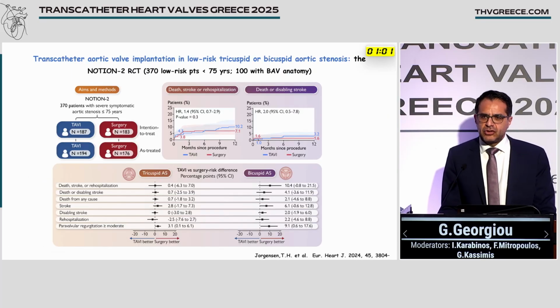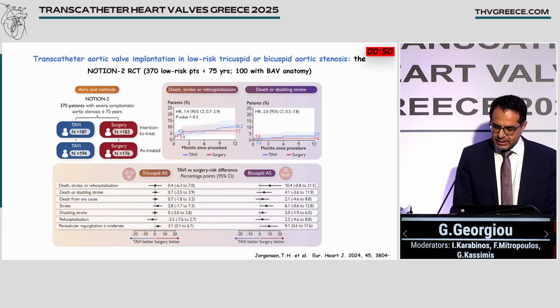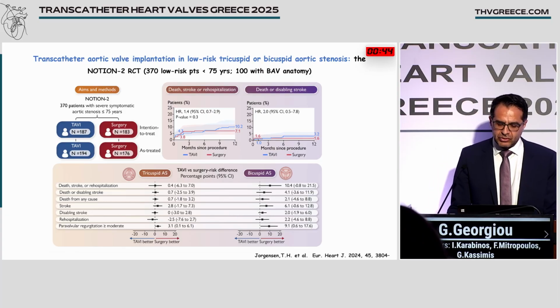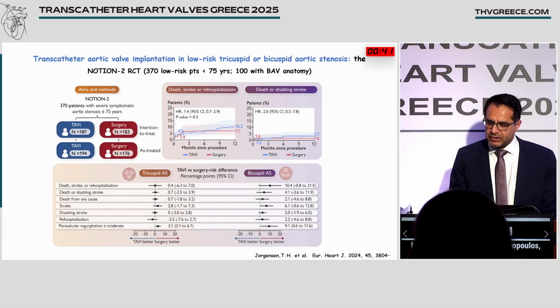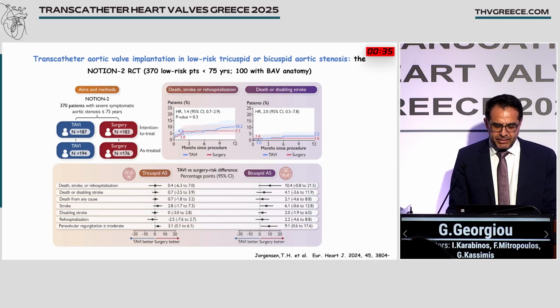And this is the only randomized controlled trial that's available. The NOTION-2 trial included 370 patients. 100 of them were patients with bicuspid anatomy. And it's interesting to highlight that in this randomized controlled trial, in bicuspid aortic stenosis, patients who were treated with TAVI had worse results with regards to the primary endpoint, which was death, stroke, and rehospitalization.